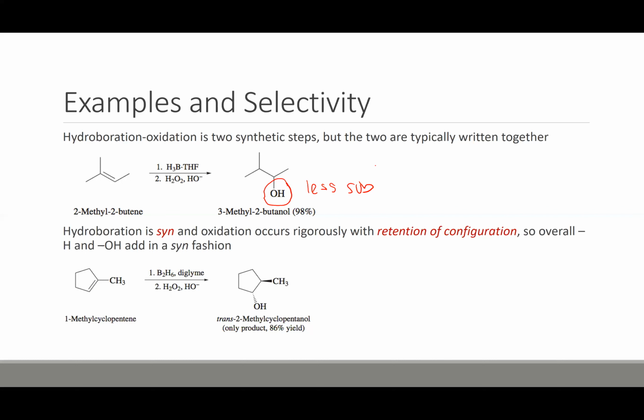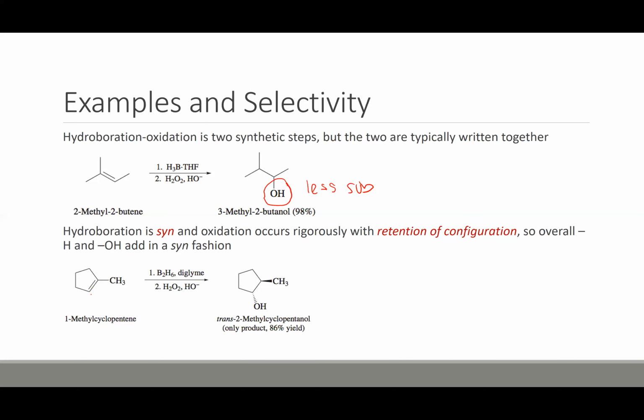Hydroboration is also a syn reaction. So even though, again, it's a 2-step, the hydroboration followed by the oxidation, which retains that conformation, is syn, meaning that overall, when you do this hydroboration, you have the hydrogen and the OH on the same side of each other. Here you can see a methylcyclopentane.